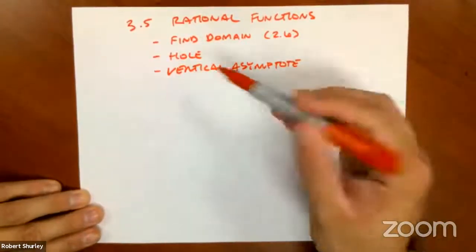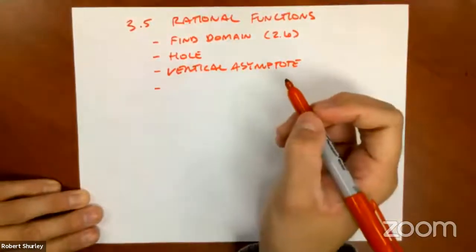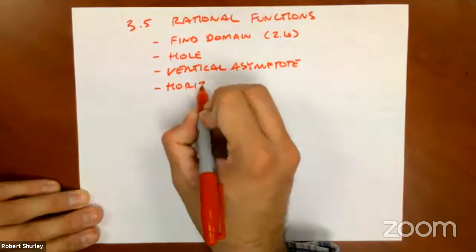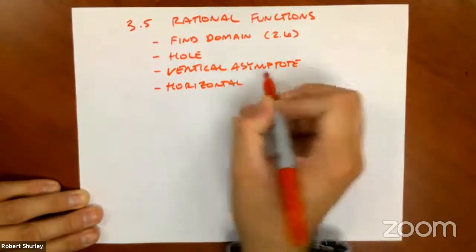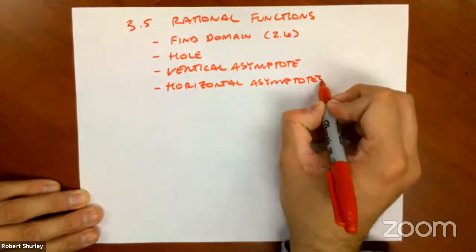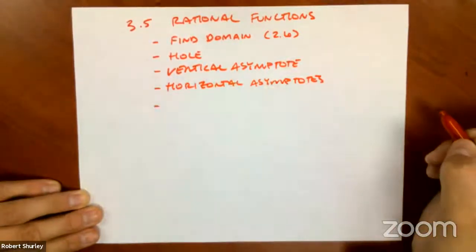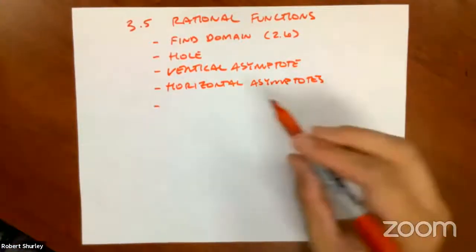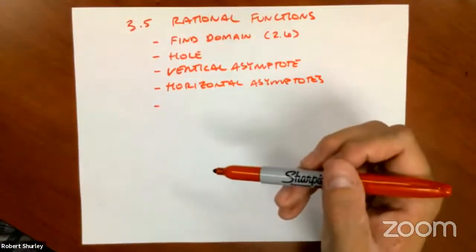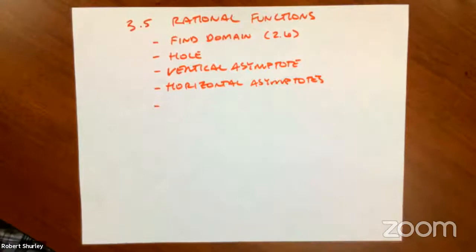So the hole, the vertical asymptote, and then also you have horizontal asymptotes. Finding horizontal asymptotes.